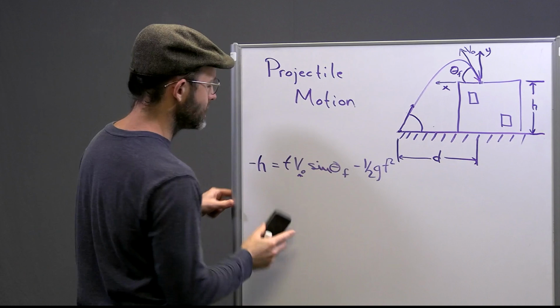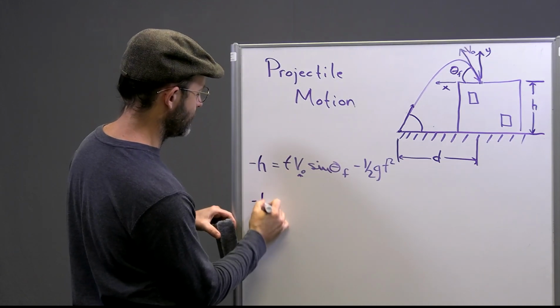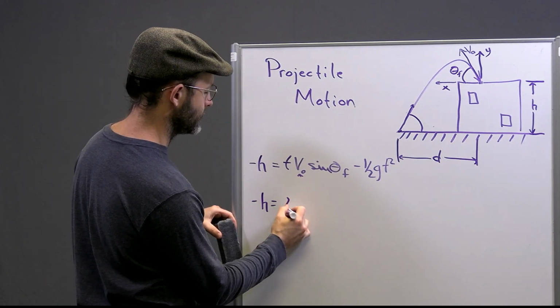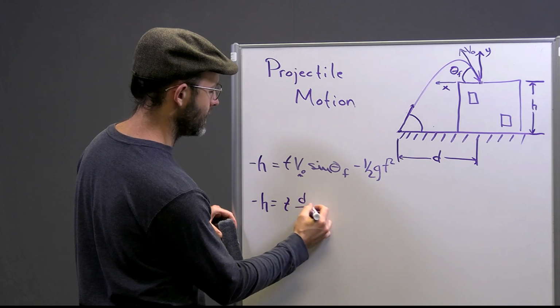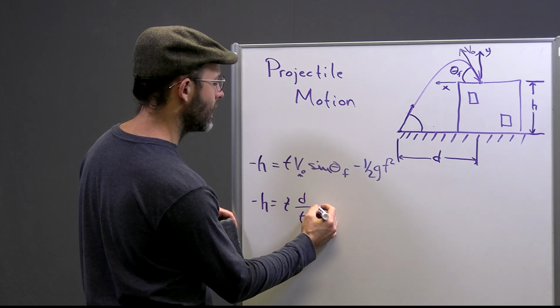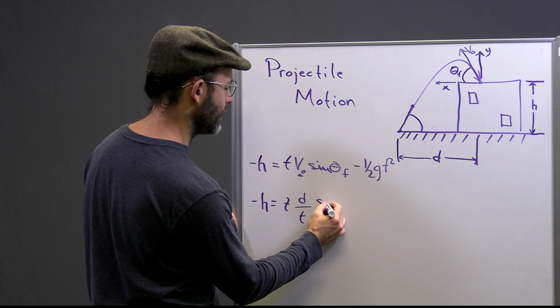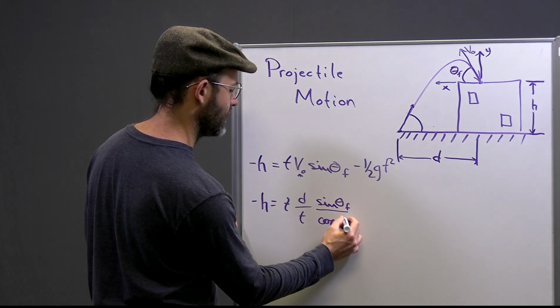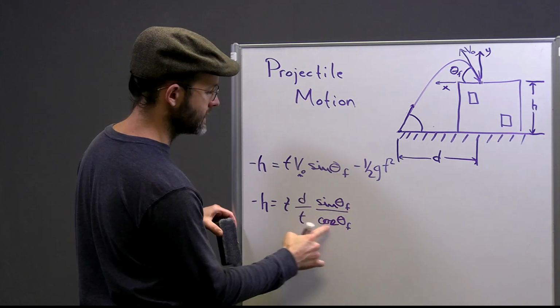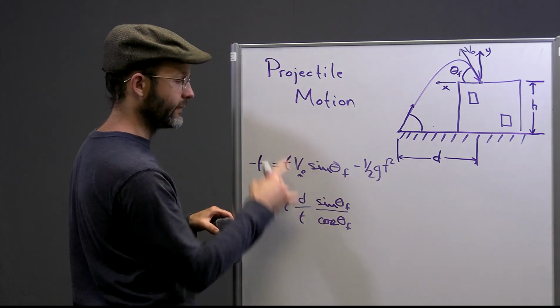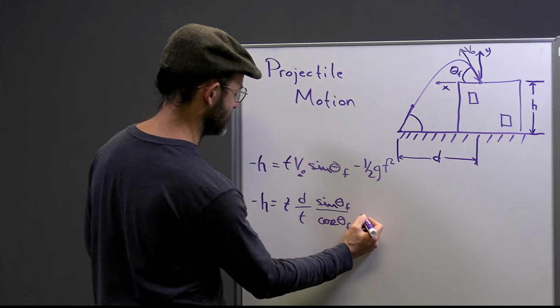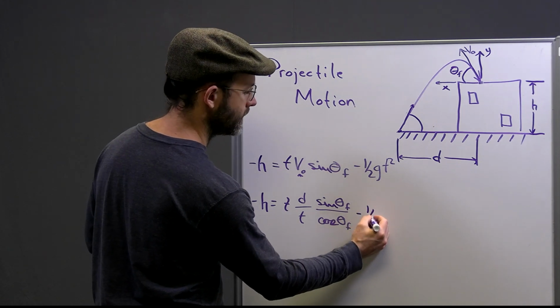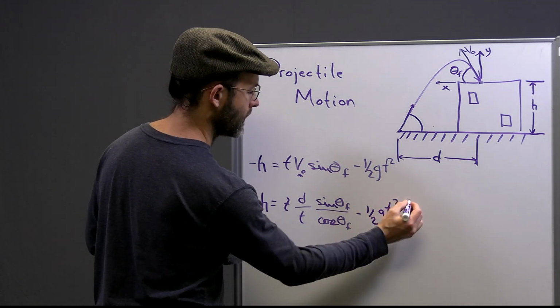Negative h equals t times d over t cos theta f, and I will have sine theta f over cos theta f. So the d, the t, and the cosine theta were from the x equation, solved for v naught. And then the last term remains the same.